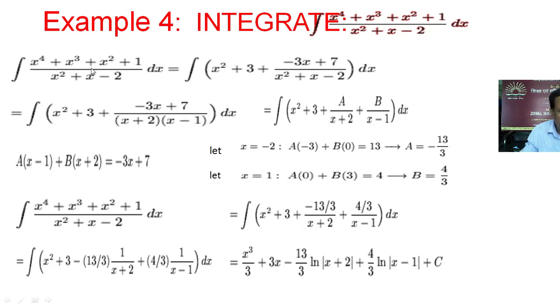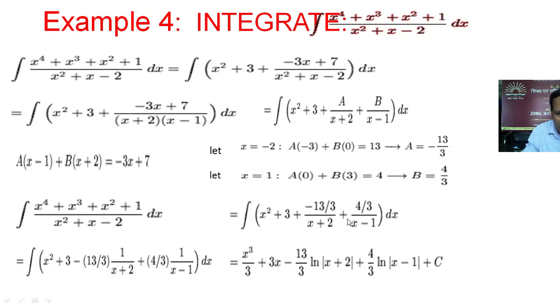So our integral of x fourth plus x cube plus x square plus 1 divided by x square plus x minus 2 dx becomes integral of x square plus 3, plus in place of this quantity we write minus 13 by 3 by x plus 2 plus 4 by 3 by x minus 1 dx.